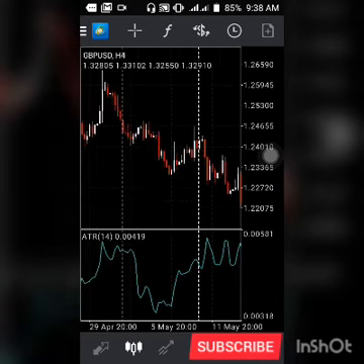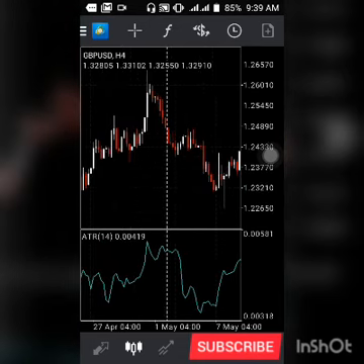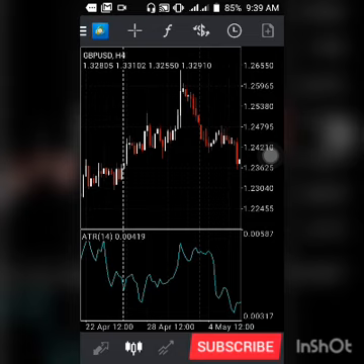So you just have to be patient, wait until Wednesday, then check all the currency pairs for this setup. Once you get a currency pair that gives you this setup, then you enter, make your profit for that week and get out.